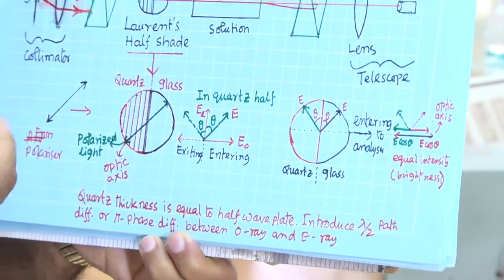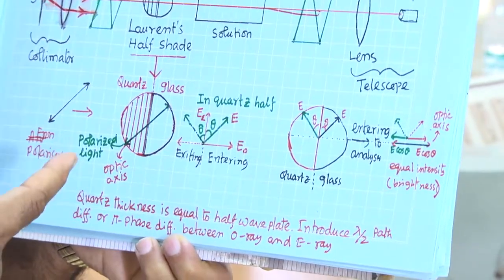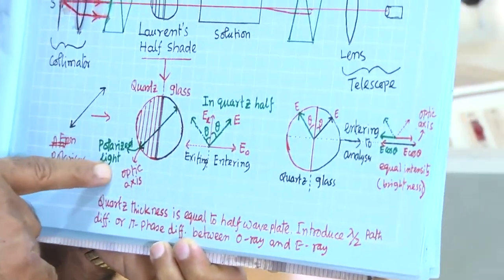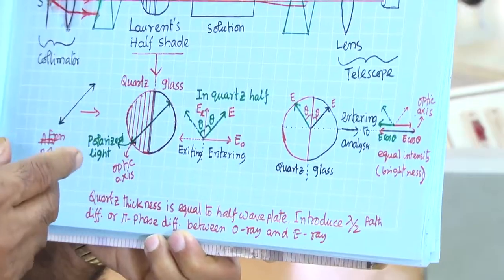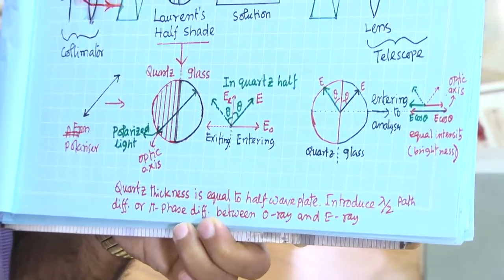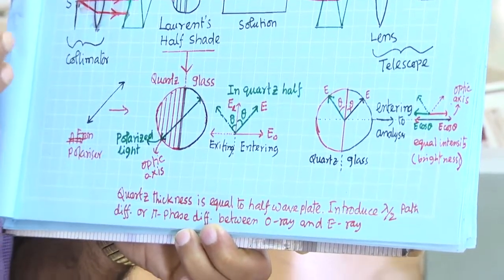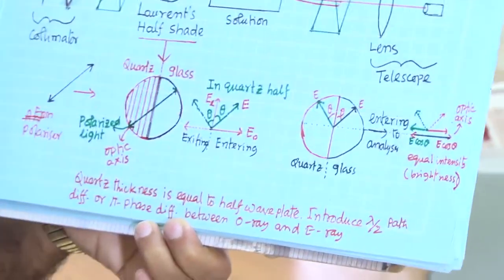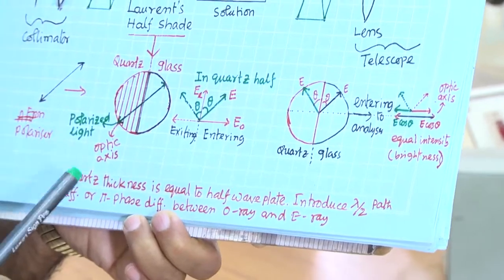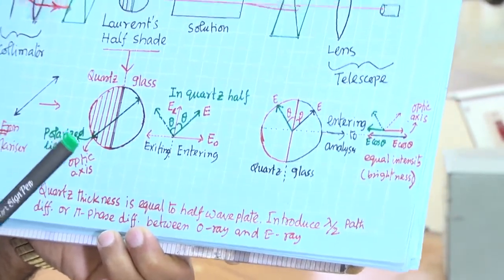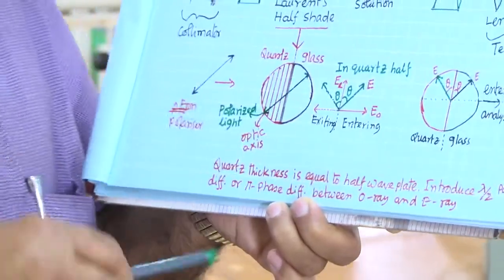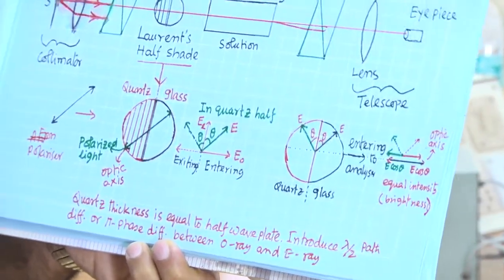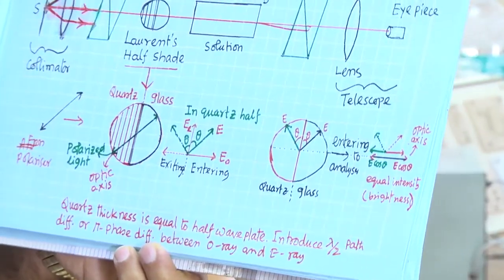Half wave plate, as I described, is when the O ray and E ray pass through it, it introduces a lambda by 2 path difference, or phase difference pi, between the E ray and O ray. A quarter wave plate introduces lambda by 4 path difference, and a full wave plate introduces lambda path difference.